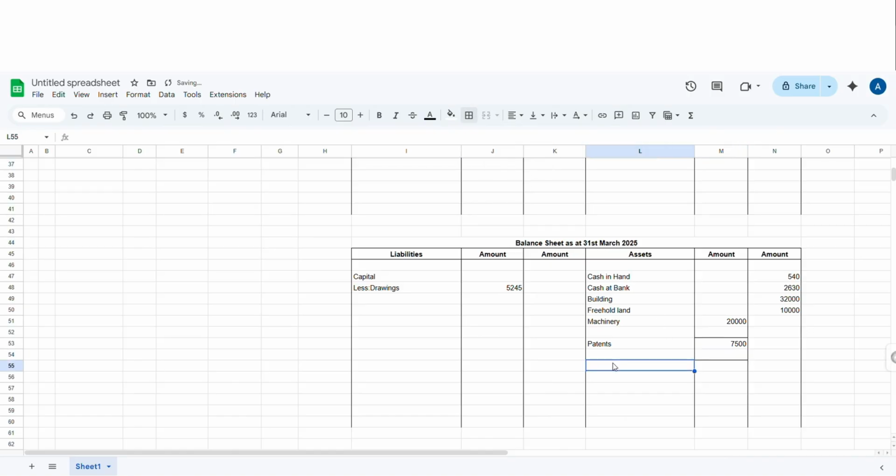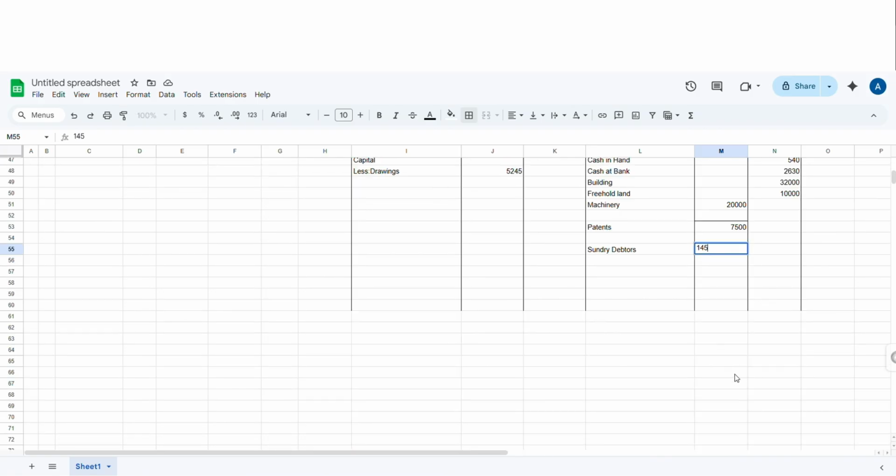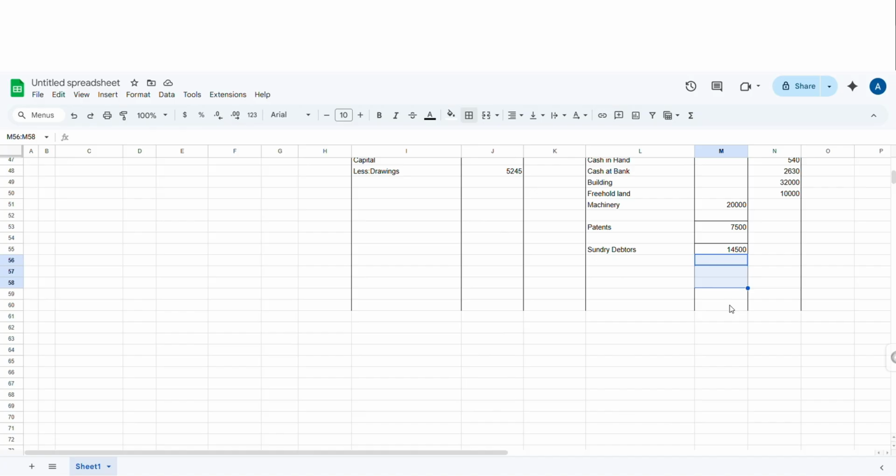Next we are recording sundry debtors. What is the amount? 14,500. We have two adjustments for debtors, 1 and 2, so we'll leave extra space.